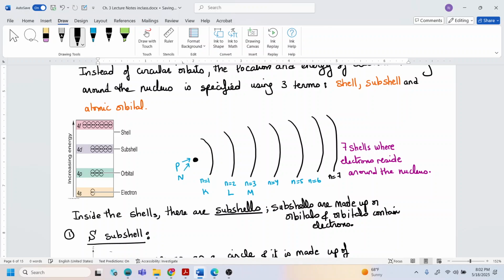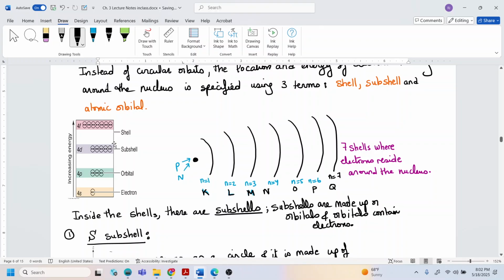So you have the K shell, the L, the M, the N, the O, the P, and the last one is going to be the Q shell. So we have 7 shells where electrons reside around the nucleus.